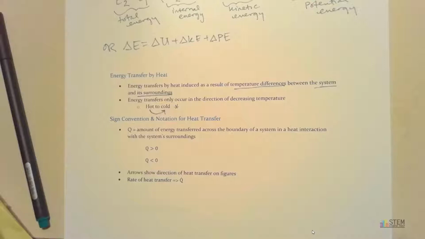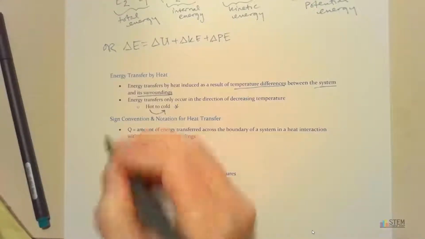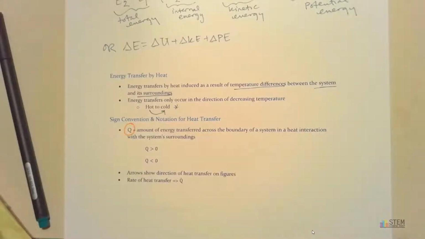Now we're going to have a sign convention and notation for heat transfer. The symbol we're going to use for heat transfer is capital Q. Capital Q is going to be the amount of energy that's transferred across the boundary of a system in a heat interaction with the system's surroundings. So anytime you have heat transfer, or energy that's moved around because of a temperature difference, we're going to have that Q term.